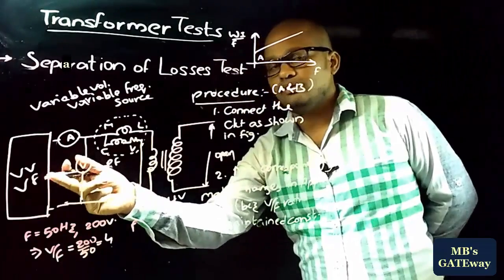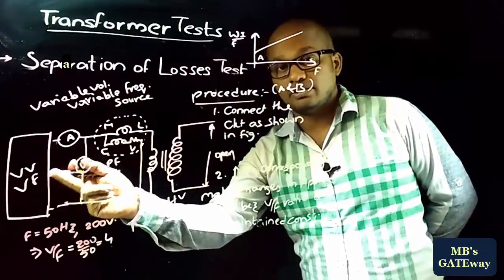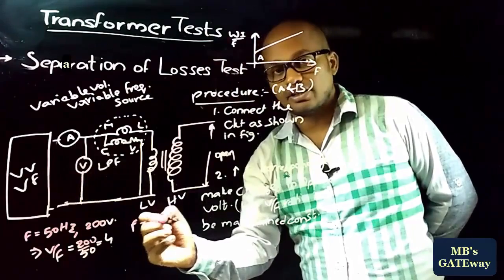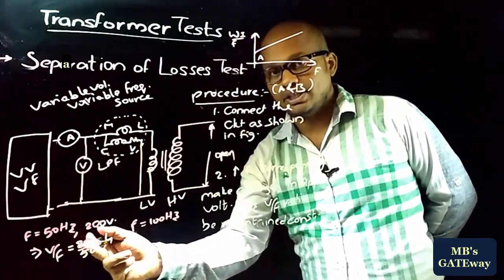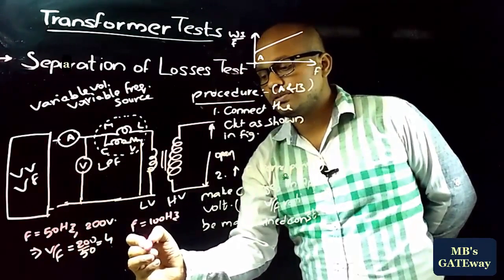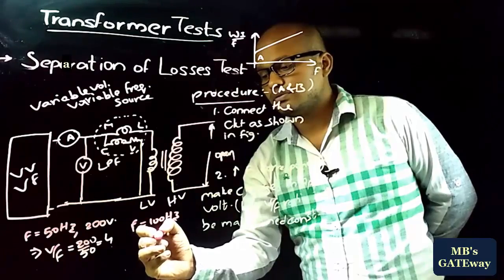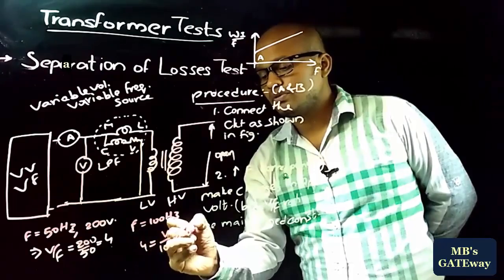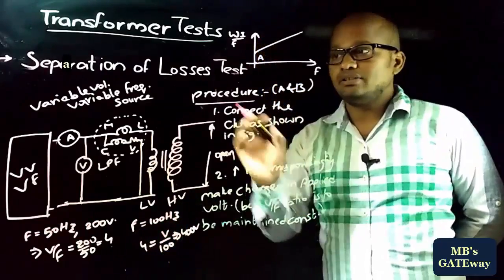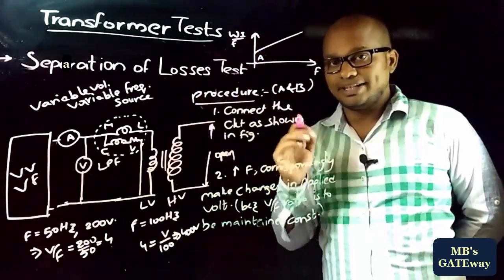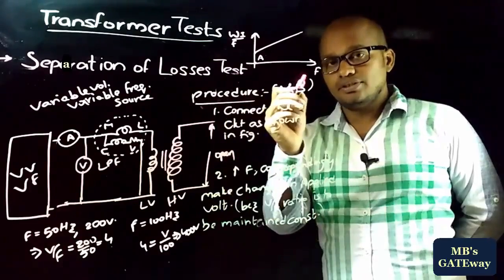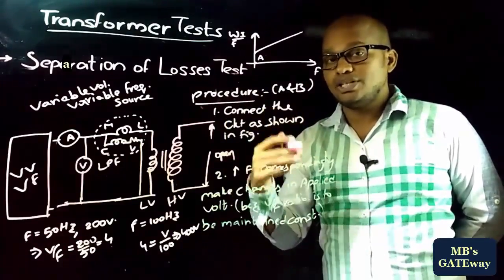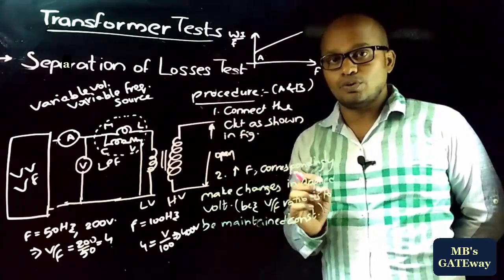Now by varying the frequency from the variable voltage, variable frequency source, if 100 Hz is applied, then to maintain the V by F ratio constant, the V to be applied is 400 volts. As in this test the V by F ratio is to be maintained constant, with increase in frequency we must make a corresponding change in the input applied voltage.